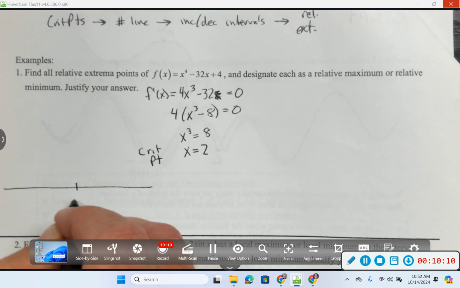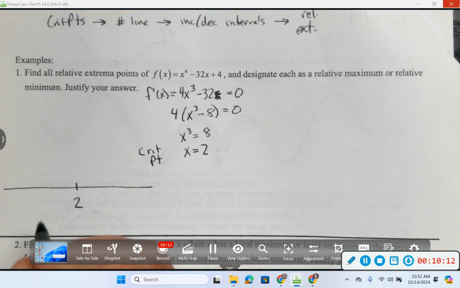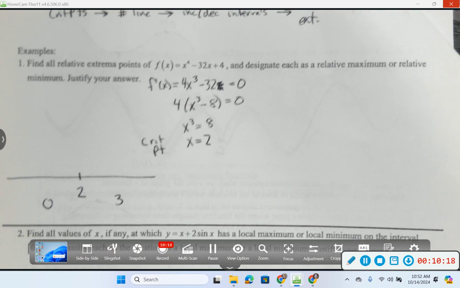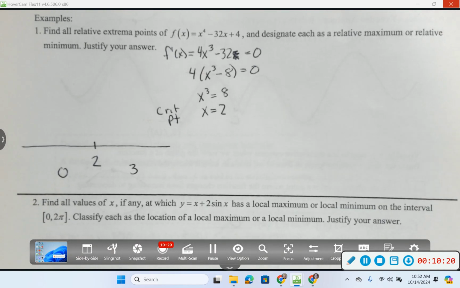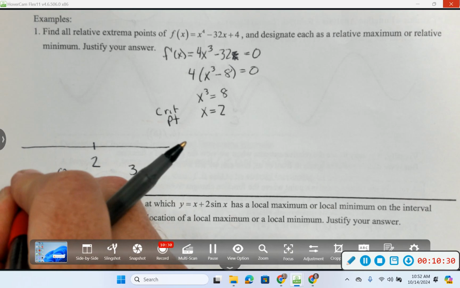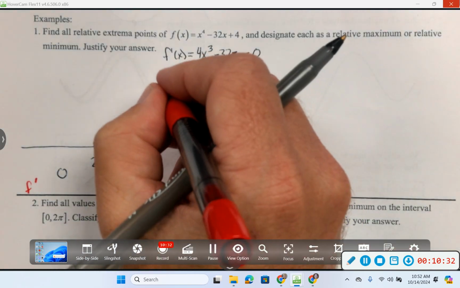So number line, x equals 2. Let's plug in 0 and 3. When I say plug in 0 and 3, where are we plugging in 0 and 3? Into f or f prime? F prime. Because I want to know where f is increasing or decreasing. So I'm going to plug them into f prime.